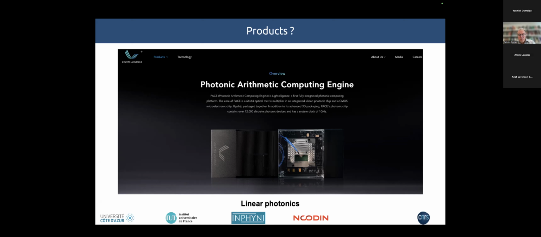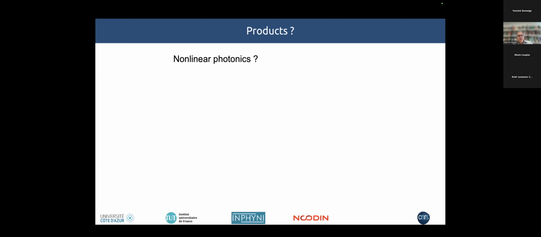However, it is not an all-optical neural network, because the nonlinearity and the decision are coded in the electronics. So for nonlinear photonics, there is no product on the market which directly uses nonlinear photonics for accelerating AI.